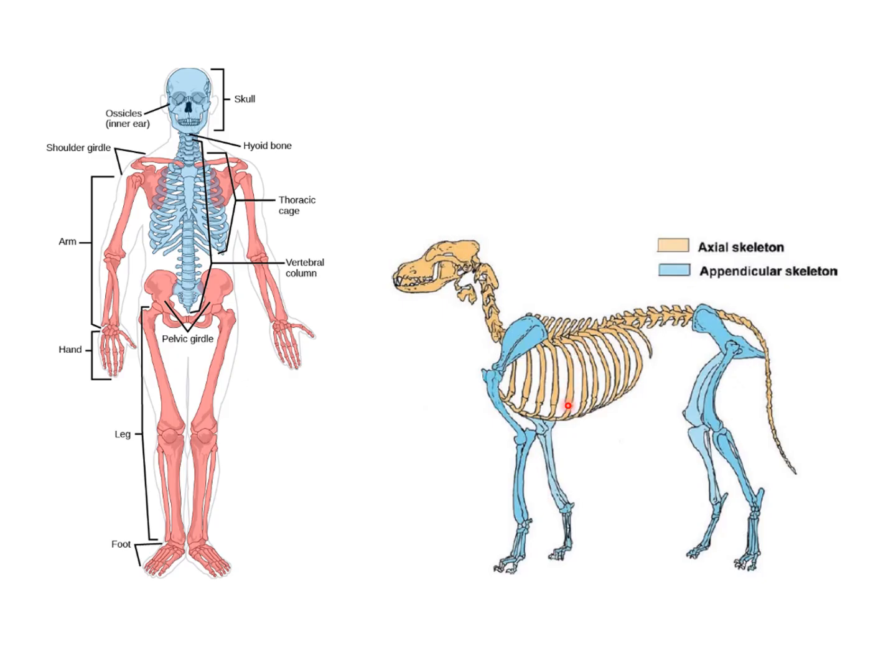The appendicular skeletal structures are attachments to the axial skeleton, and they include the forelimb girdle, the forelimb, the hind limb girdle, and the hind limb.